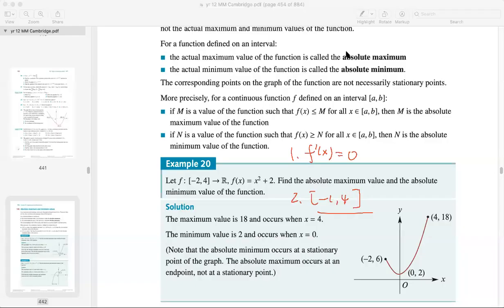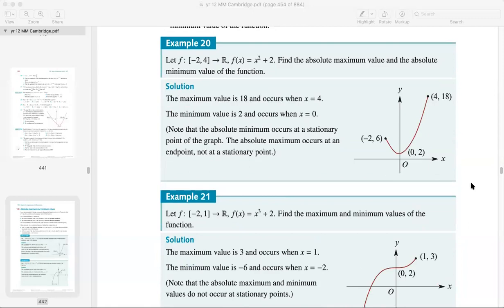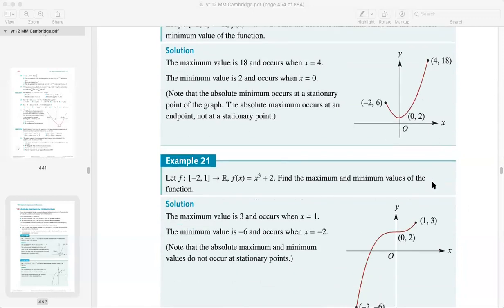Then the next step is to compare everything, the first step and second step. So in such a case, our minimum is 2 and our maximum is 18. This one you really should be careful with to get the minimum and the maximum values.